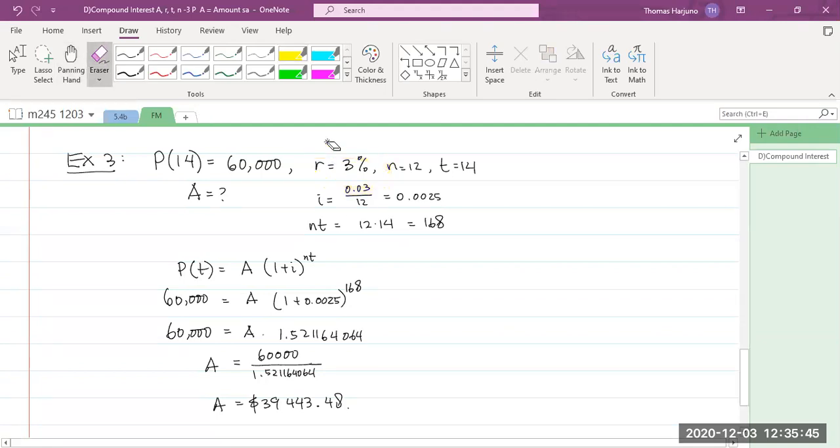Now, with that said, I would like you to take a look at section 5.5, number 15 to number 21.